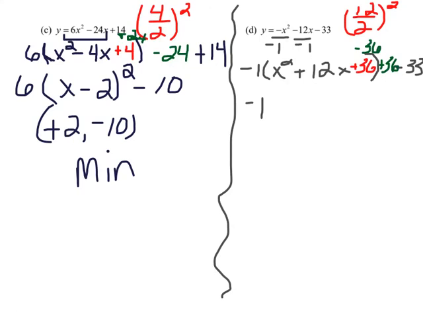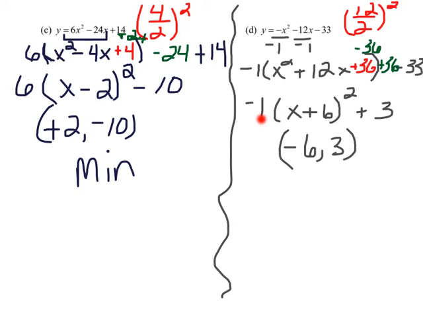Negative 1, parenthesis, x, plus 6 squared, plus 3. My vertex is going to be negative 6, comma 3. Because my a out here and here is negative, that means I'm going to have a max.